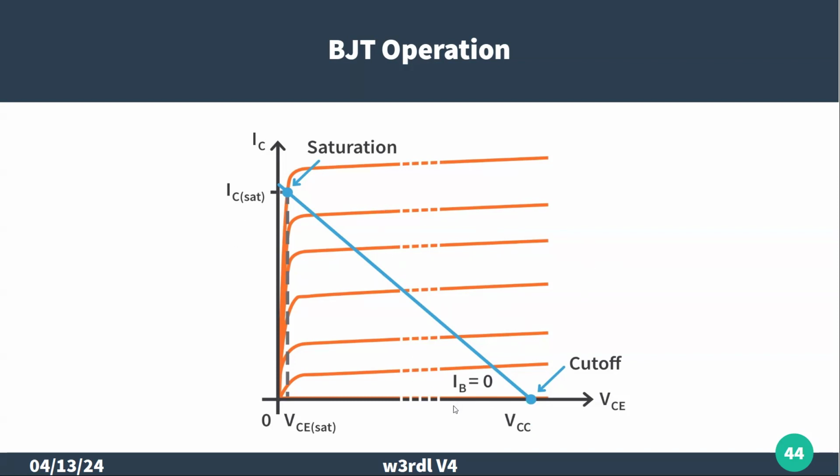And in the case of a switch, we're either going to bias it so we're operating down here when it's turned off, or up here where it's in full saturation. In the case of using it as an amplifier, we'd probably set it up so it was biased with whatever this base current is and let it operate in this region.